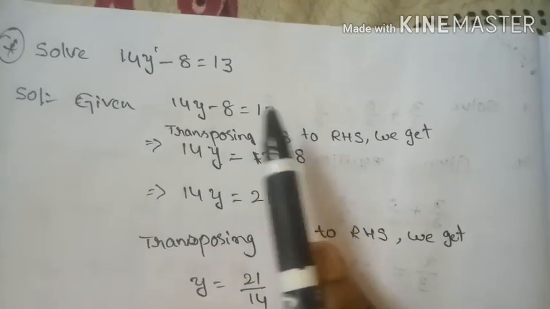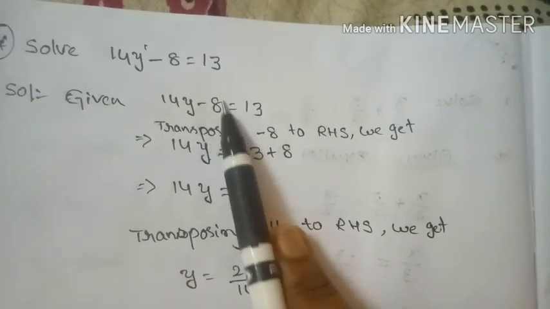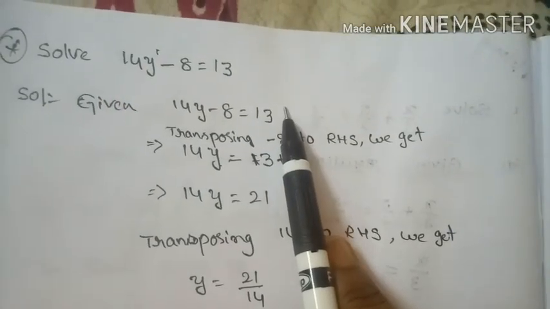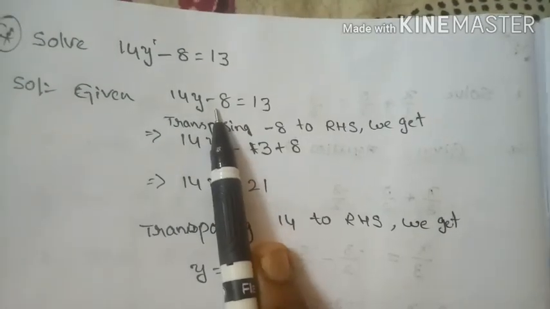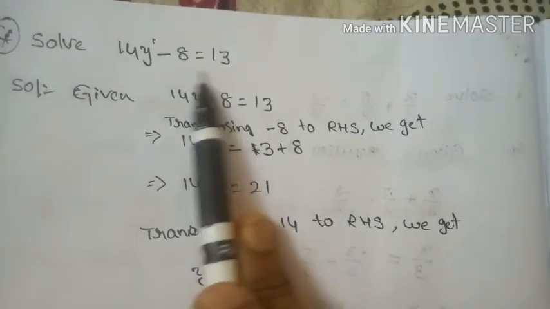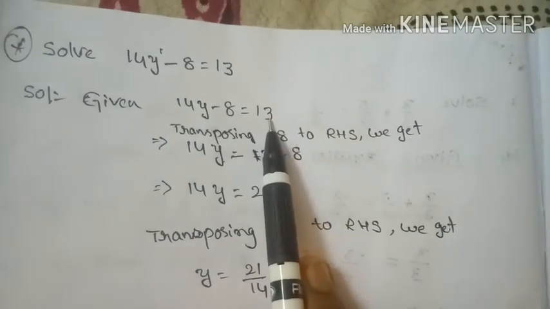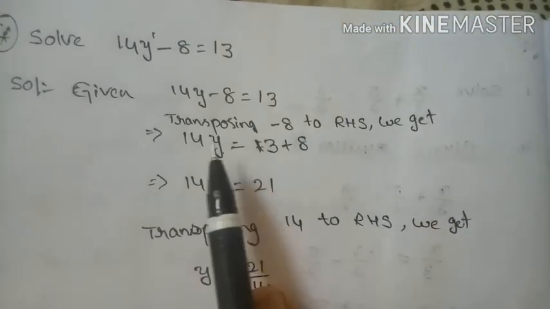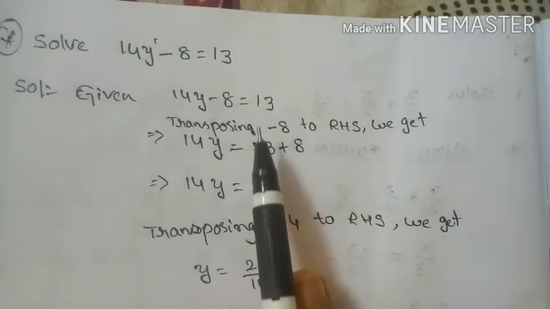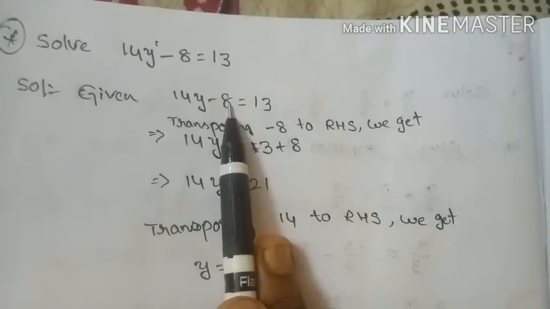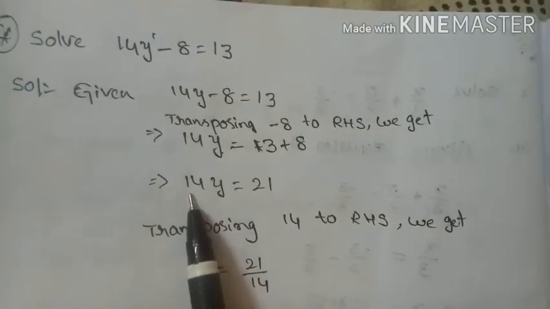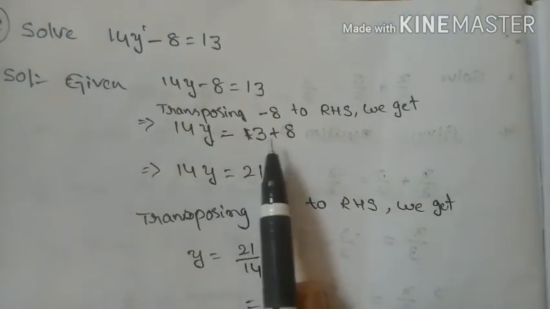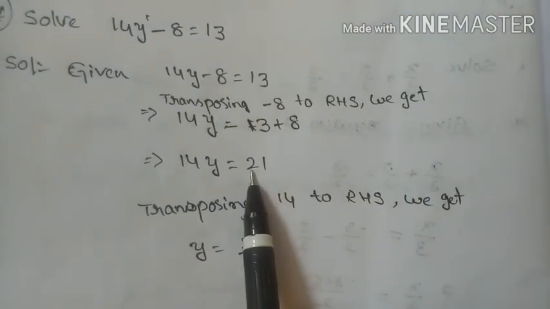I want to send this minus 8 to the RHS. Transposing minus 8 from LHS to RHS, we get 14y is equal to 13 plus 8, that is 14y is equal to 21.